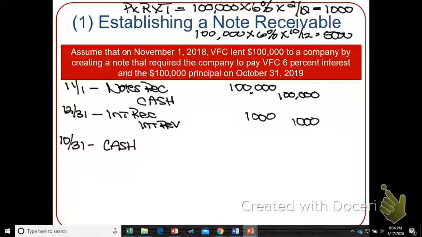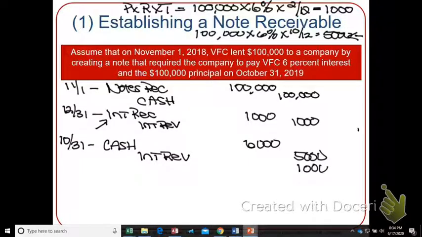So then total, they're going to owe us $6,000. We've already recognized $1,000, so the interest revenue, the interest we're earning is 5,000, because that's the 10 months in 2019. The other $1,000 is this interest receivable that we're collecting. So we're going to debit cash, credit interest revenue, and credit interest receivable.